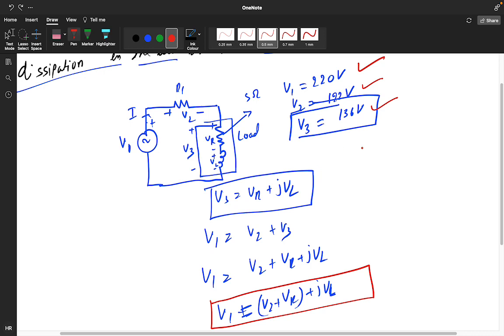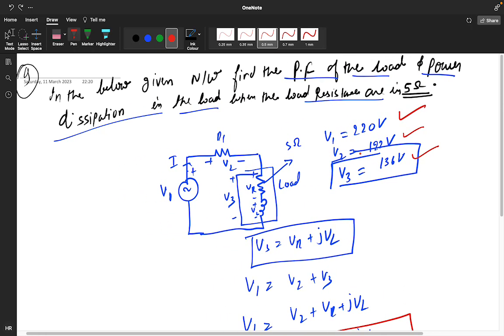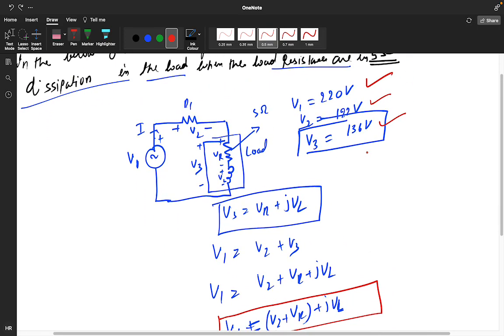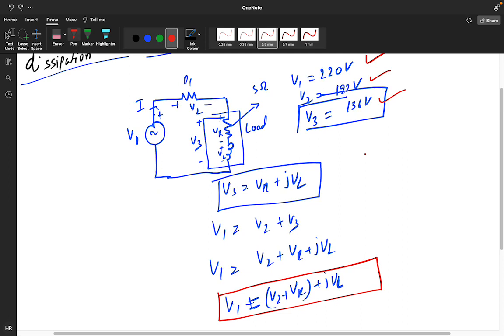So you know the V1 value, you know the V2 value, you know the V3 value. How can it be solved? How can these questions be solved?